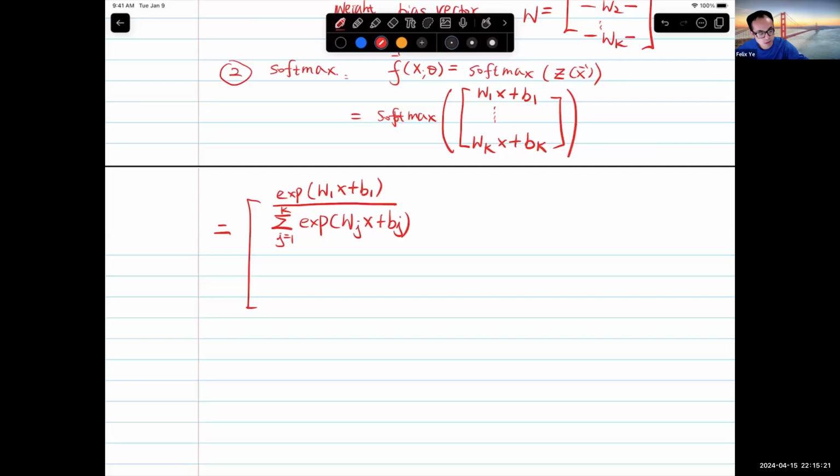You do the same thing for the rest until the end, exponential of Wk x plus bk, then divide by the same.